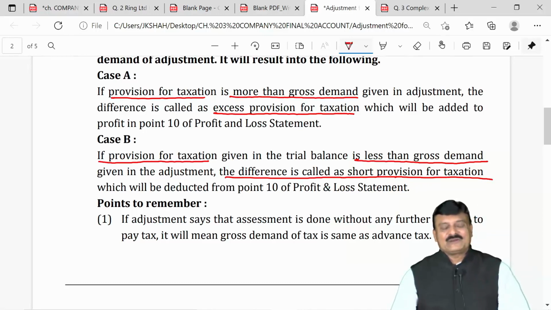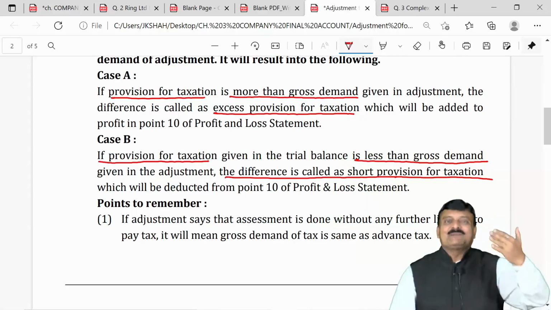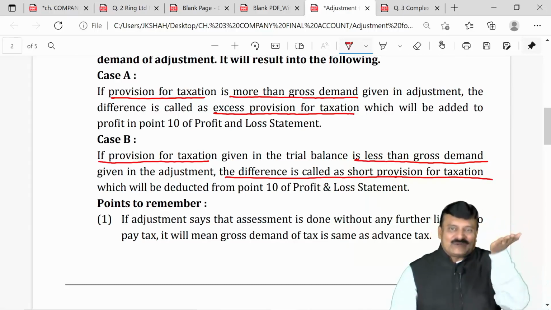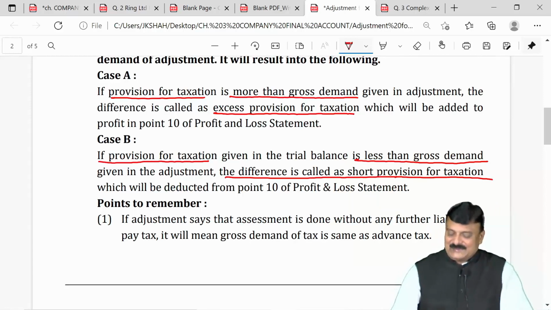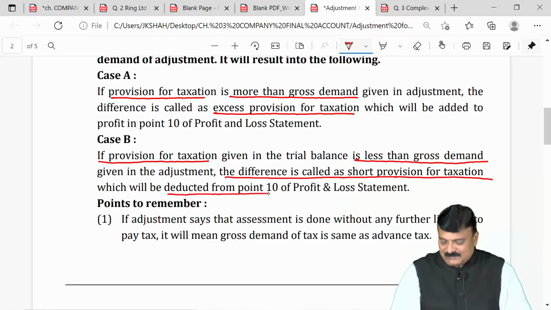And that short provision also will come under the same point, point number 10. But additional provision to be created. So to that extent, tax expense will go up. So that expense will be deducted from your profit. Look at the word. It will be deducted from point 10. This excess provision was added to profit in point 10.